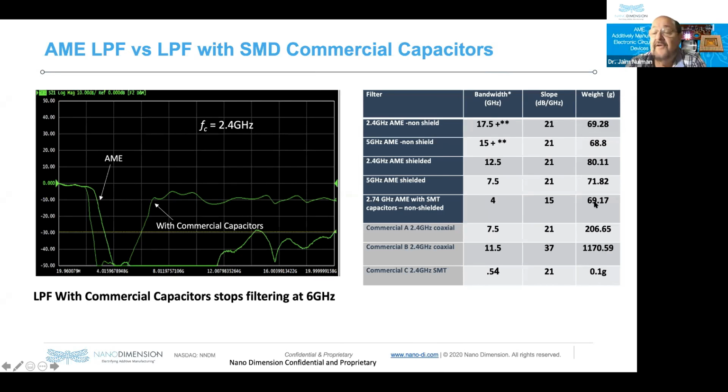And we can also see here the weight of the device compared to off-the-shelf versions of these devices. If we compare, for example, this commercial 2.4 gigahertz coaxial low pass filter with its bandwidth similar to the 2.4 shielded, also AME, comparing the 12.5 to 11.5 here, we can see that weight-wise we have a huge difference.